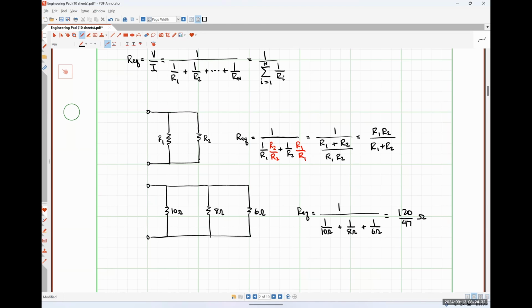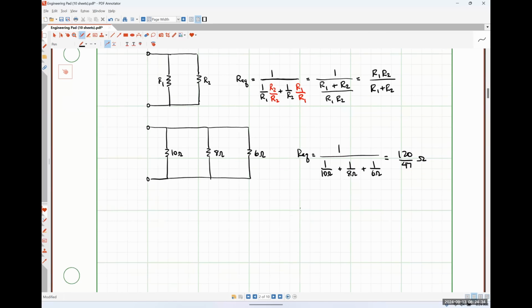Now, if I tried to do Req as R1 R2 R3 over R1 plus R2 plus R3, I will not get the right answer.